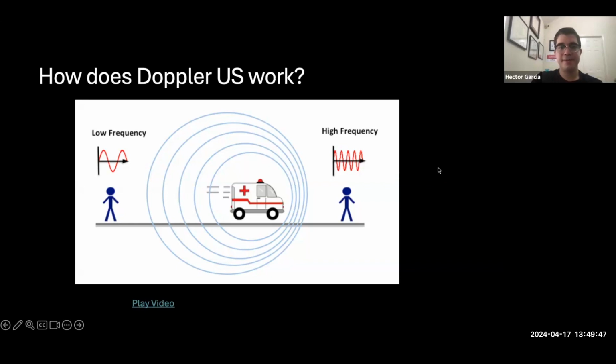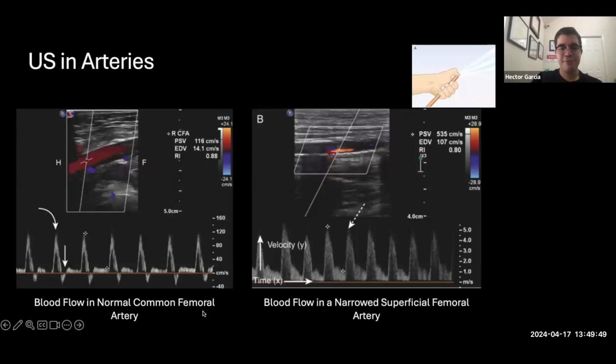And in the next slide, here we have, for example, a normal common femoral artery. Usually femoral arteries are high resistance vessels, meaning that when you are at rest, the femoral arteries are constricted, and when you exercise, the femoral arteries open up to get more blood flow to the muscles. So here we have the ultrasound.